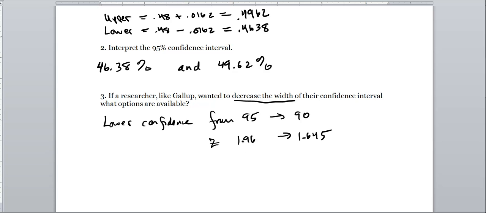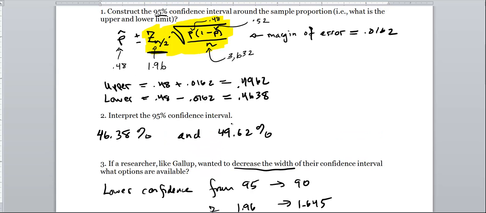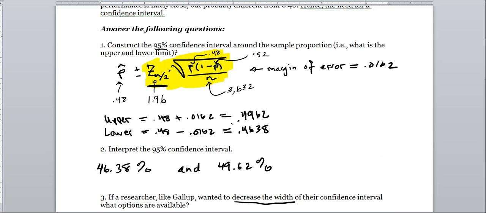Now, the problem is that, of course, I can keep doing this, and I could report a 20% confidence interval that's pretty narrow. But I'm only 20% confident that my range of values contains the true value. And so we typically stay around 95%. The lowest level is usually 90, the highest 99.